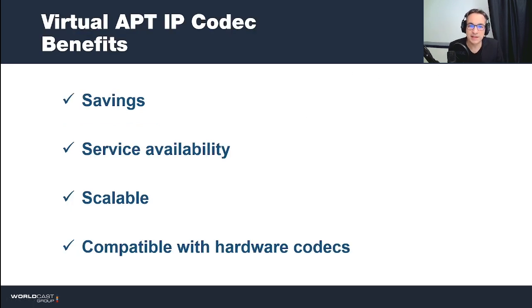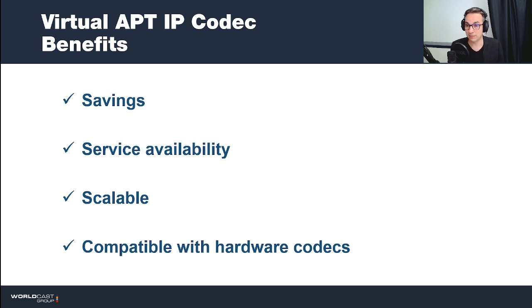This virtual APT IP codec solution has several benefits. As you can see, there are a lot of savings because the cost per codec is much lower. The service availability with solutions such as high availability and also the removal of hardware is a key benefit. It is scalable. It's very easy to add codecs in the future.